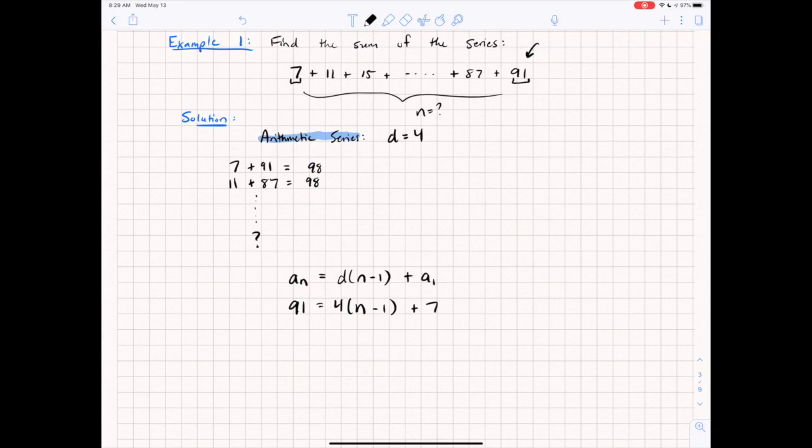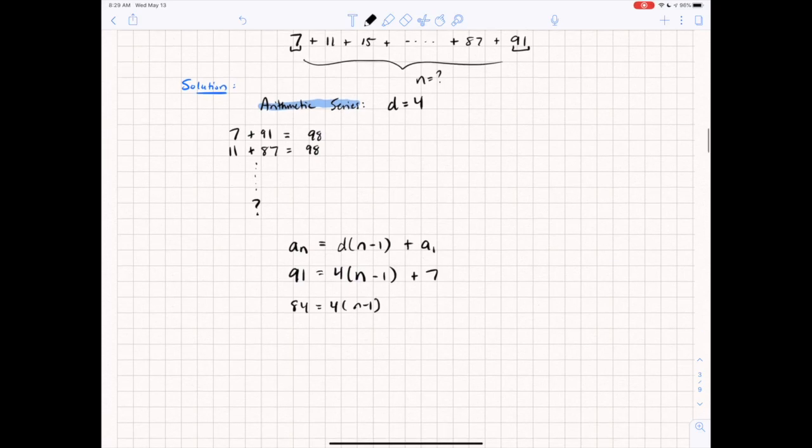So I can subtract 7, so this would be 84 is equal to 4 times n minus 1. I can divide by 4 and get 21 is equal to n minus 1, so n is equal to 22. And so this tells me that there are 22 terms.